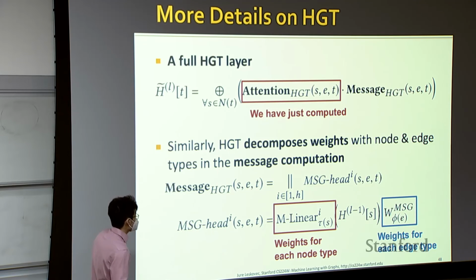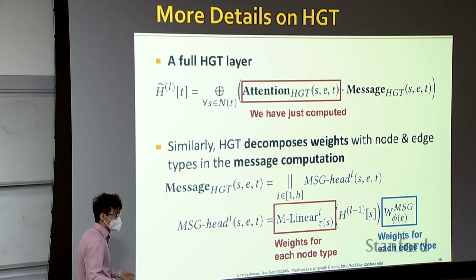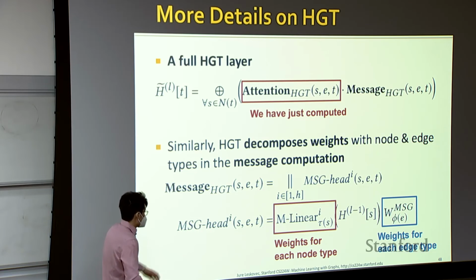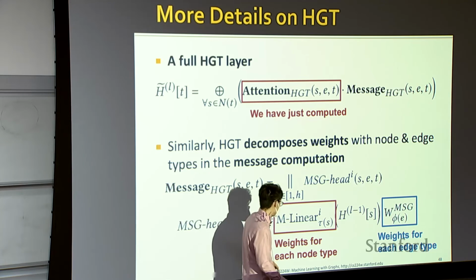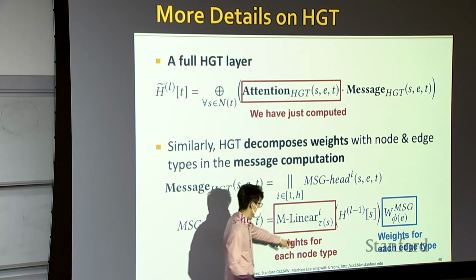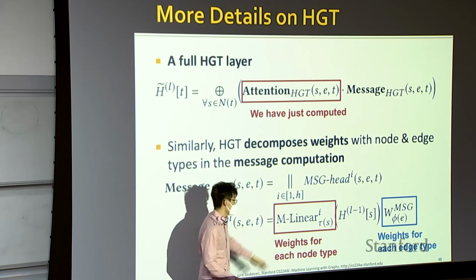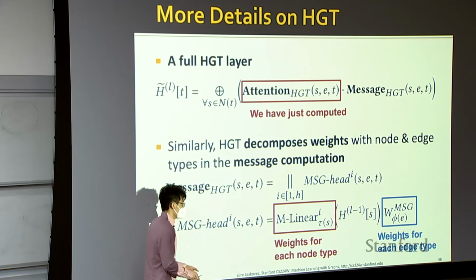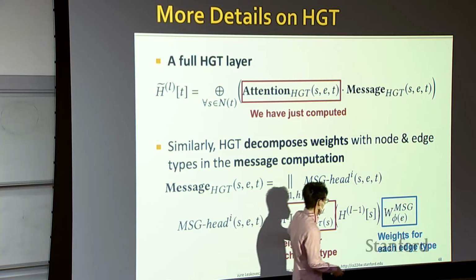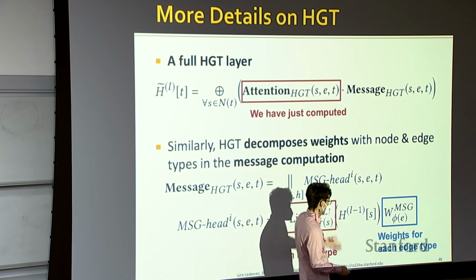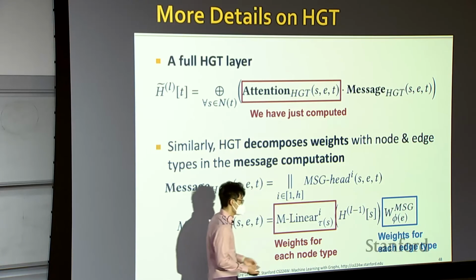And here we also follow the similar idea of decomposing the weights for node and edge types. So to compute a given message, we have the weights for each node type. Given a node, we get its node type and then apply a message transformation for this particular node type. And then we multiply these node-type messages with the weight matrix for each edge type.